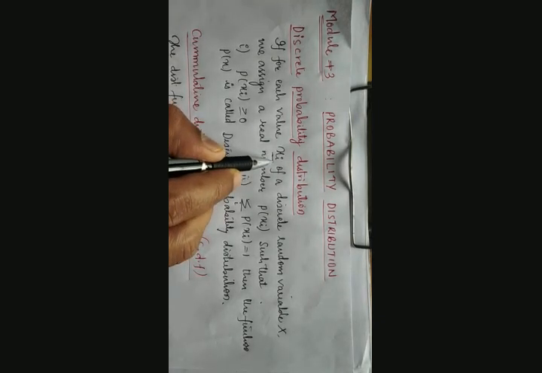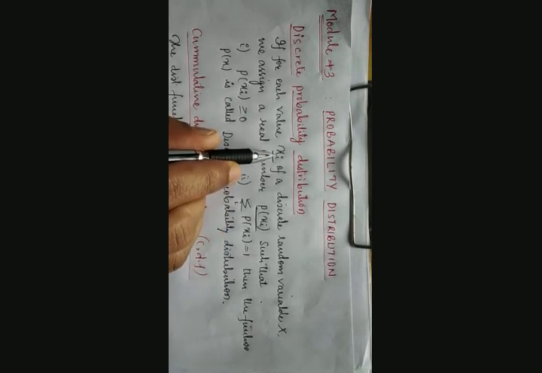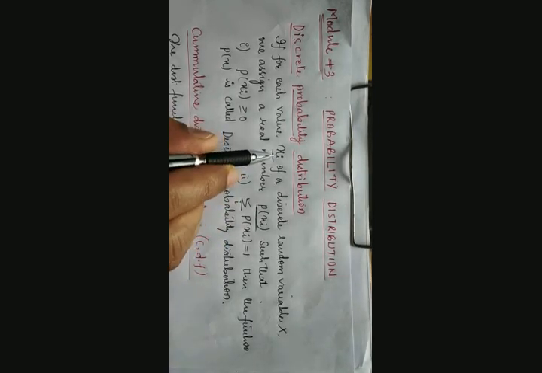Discrete probability distribution means if for each value xi of a discrete random variable x, we assign a real number p of xi. Here, xi will be a value of x, where p of xi will be the probability of this value.